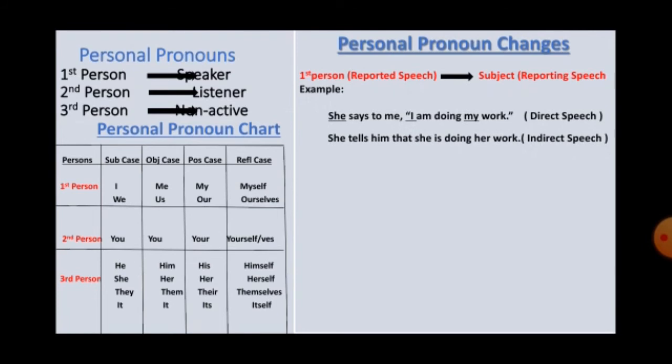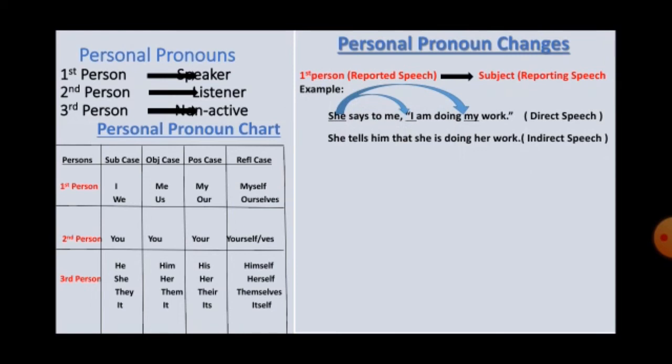The subject. And now look at this, my is first person, and if first person is given in reported speech, first person is changed according to the subject, and the subject is she. And I is also first person, and I is also changed according to the subject of the reporting speech. So now look at this sentence: she tells him that she is doing her work.